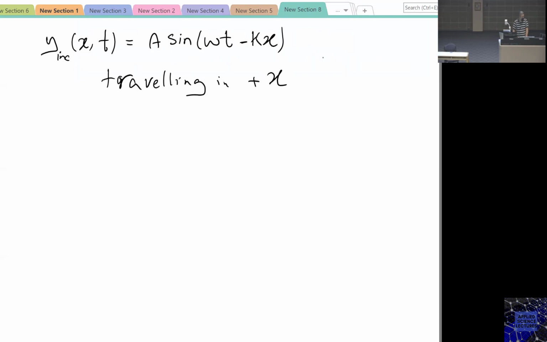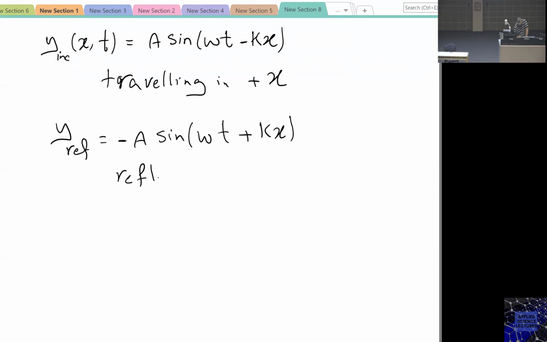Then this wave, when it's reflected, is going to take this shape. Y reflected equals minus A sine omega t plus kx, reflected and traveling in the minus x direction.